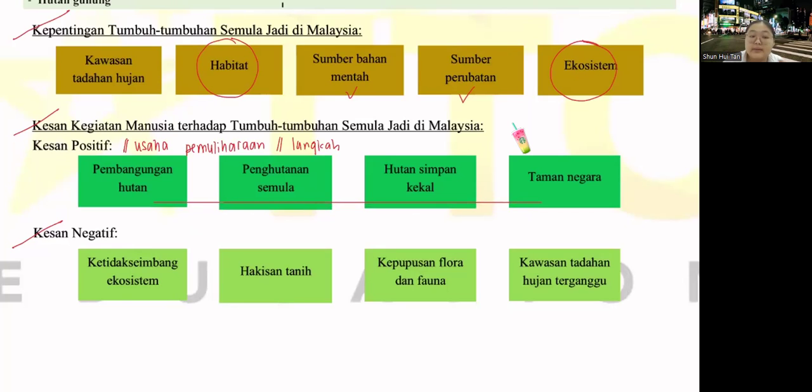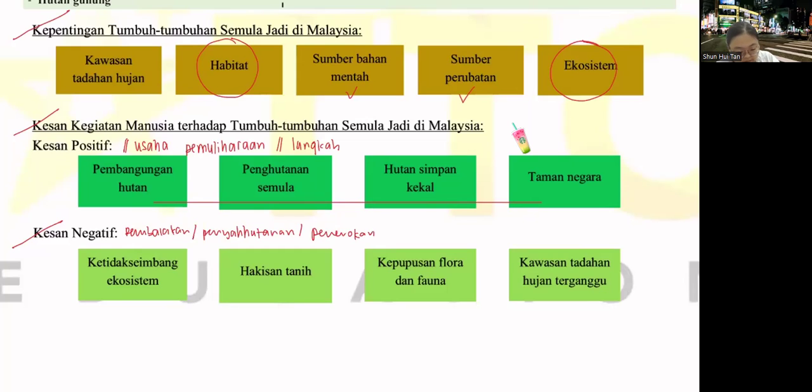All right. Now, how about negative? Maybe they will ask you kesan negative, or they will ask you kesan pembalakan. What's the effect of pembalakan? What is the effect of penyahutanan? What is the effect for penerokaan hutan? What will happen?